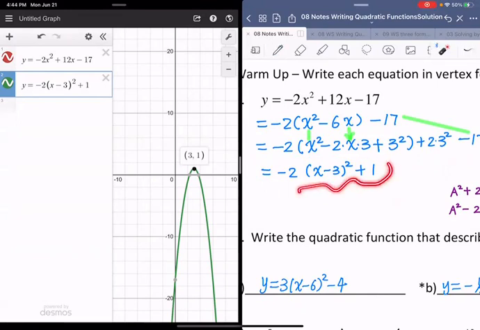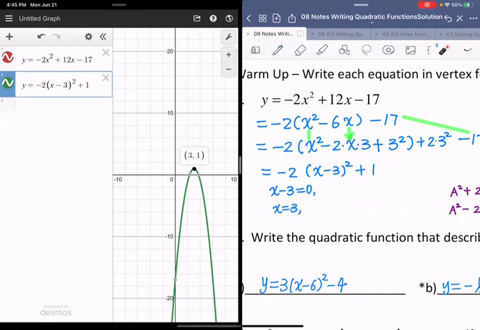From there, how do we find the vertex? You make this equal to 0. x minus 3, you make the part under the square equal to 0. So x equals 3.